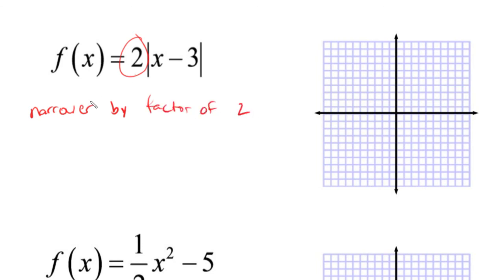I've got a shorter version of this: VS by a factor of 2, a vertical stretch by a factor of 2. If it's a shrink, you should just call it widens, actually, because I don't like the term shrink, but whatever. So that's what this 2 does. Then the minus 3 inside here will move it right 3.